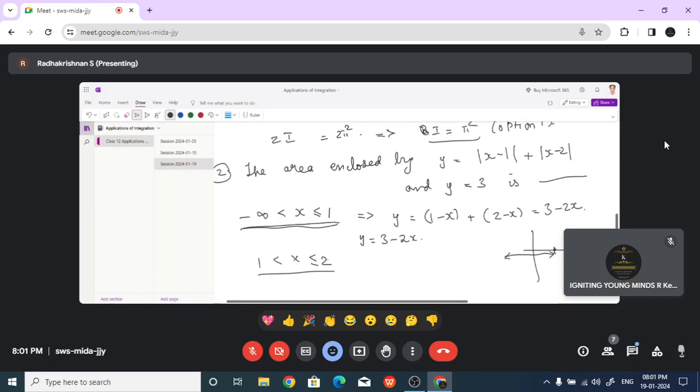So how will the equation be now? y equal to the first part will be positive because it's already positive. So therefore, we will simply take x minus 1. x minus 1 will be a positive quantity. But x minus 2 is a negative quantity. Therefore, we have to take it as 2 minus x. So x and x get cancelled and it is becoming y equal to 1.